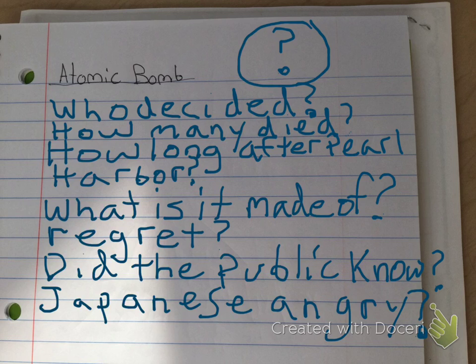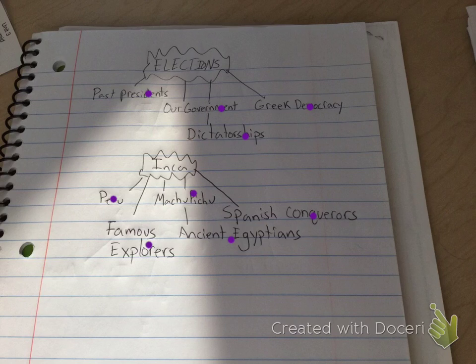But you know what? These are my questions about the atomic bomb, but I don't know. I feel like there might be a couple topics I want to look into right now. So I'm going to go back to my learning web and, man, I think I got to look into Machu Picchu, you know?